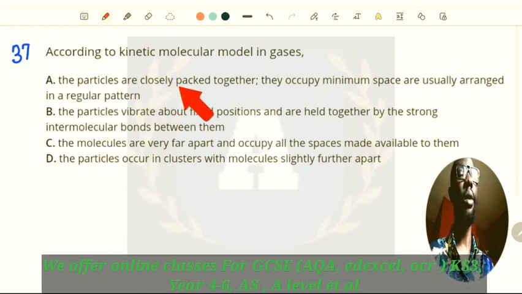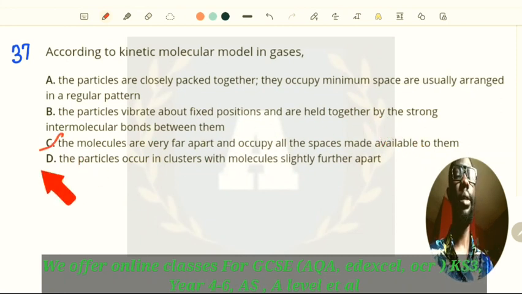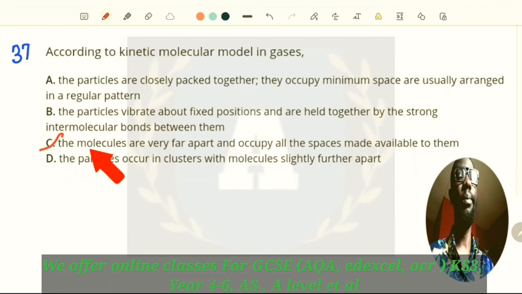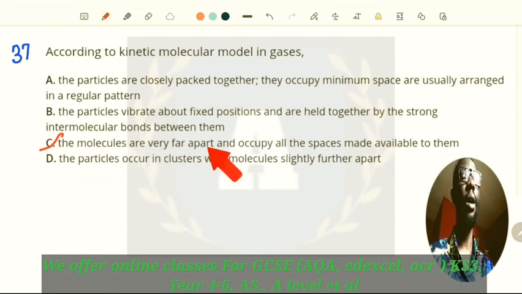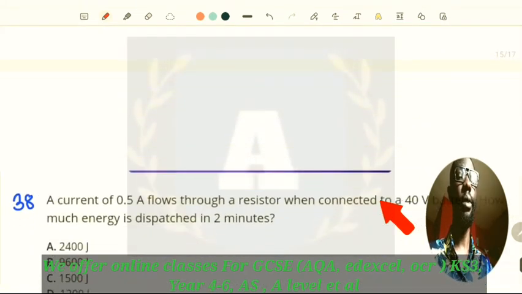The particles are closely packed together, no, they are not closely packed. The particles vibrate about a fixed position, no, and are held together by strong forces, no. The correct answer is this: the molecules are very far apart and occupy all space made available for them. Option C is the correct answer there.